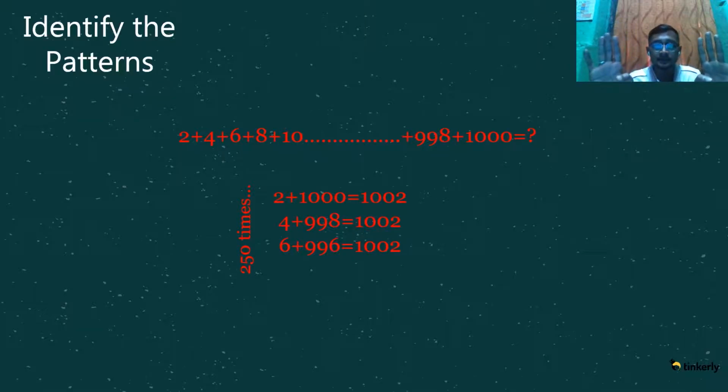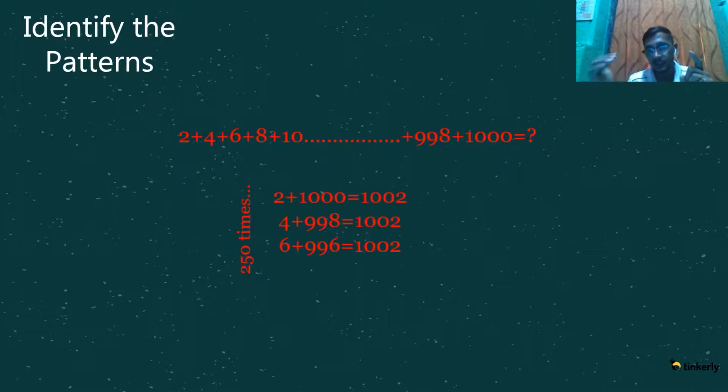And the second last? 998. Add them. 4 plus 998, 1002. Got it? First, last, second, second last and the third. 6. 6 plus 996. How much?